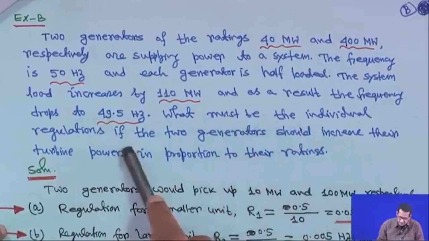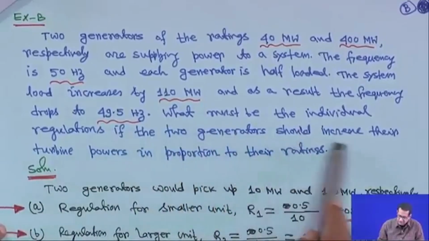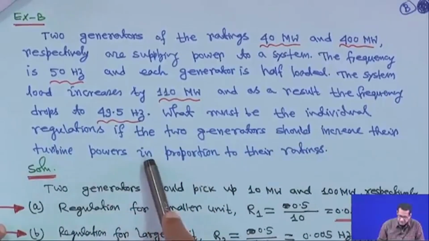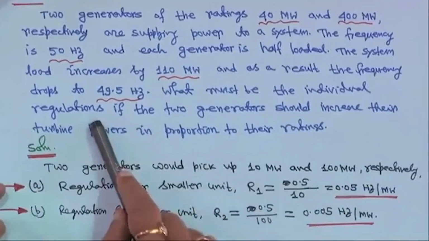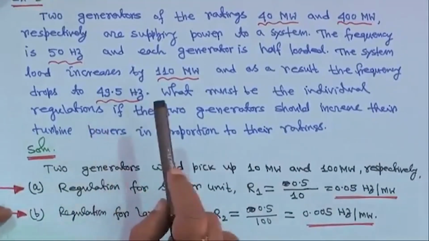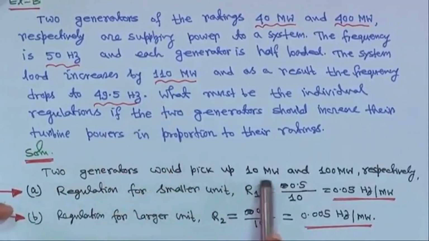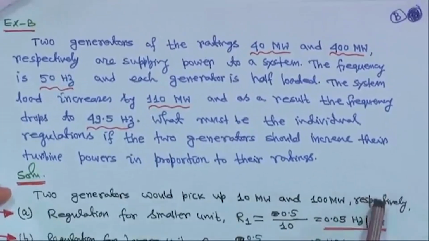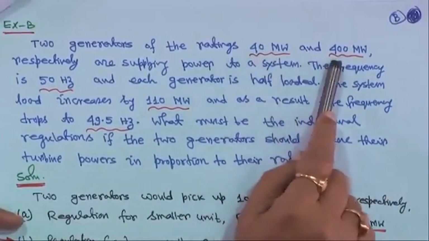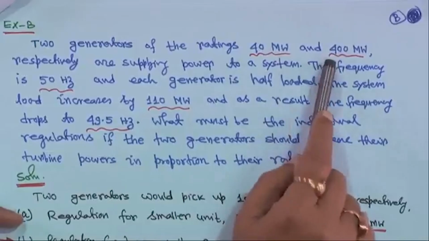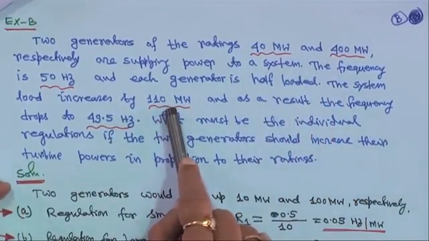What must be the individual regulations if the two generators should increase their turbine power in proportion to their rating? Whatever it is, you have to find R1 and R2. Two generators should pick up 10 megawatt and 100 megawatt respectively, because one rating is 10 times more, and the load increase is 110 megawatt.